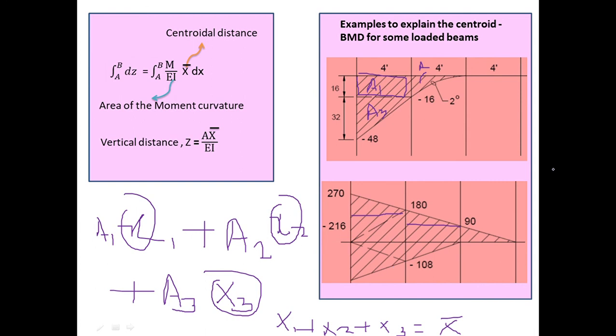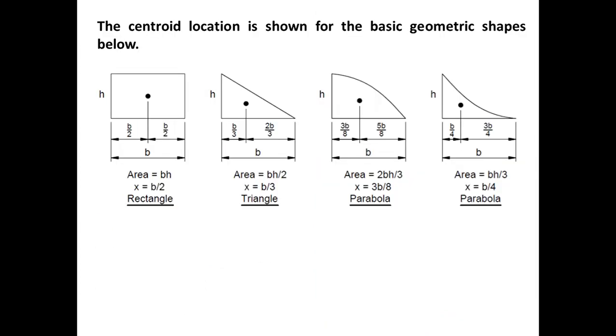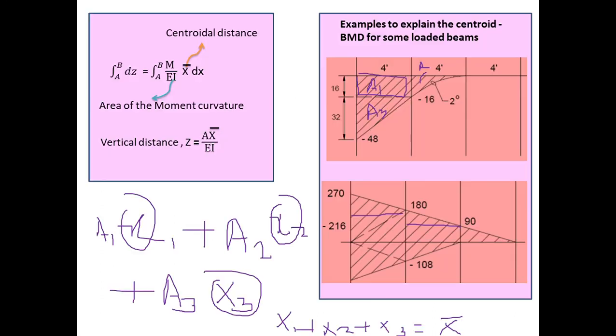Based on these shapes, we have to calculate the area of each shape and its x bar. After determining A and x bar, we can calculate the total vertical distance using this formula. So this is Moment Area Theorem 2, right?